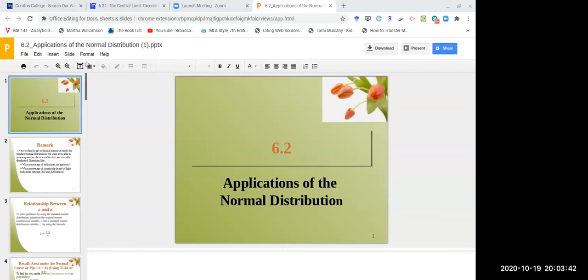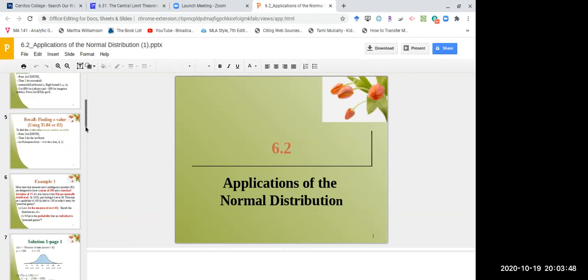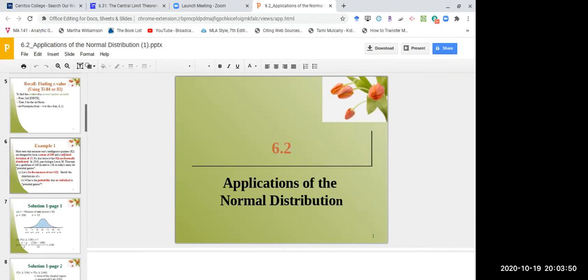Let me pause this. In section 6.2, which is applying the concept that we learned in 6.1. So let me take you straight to an example here.